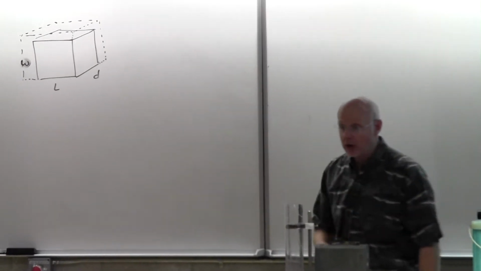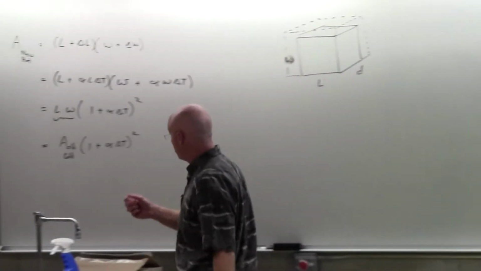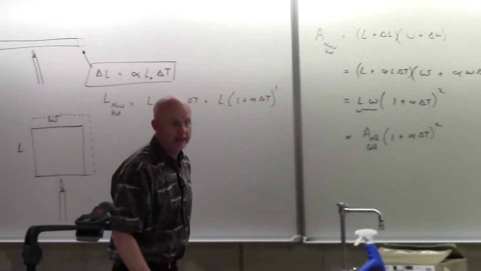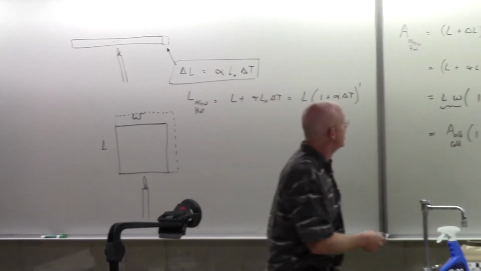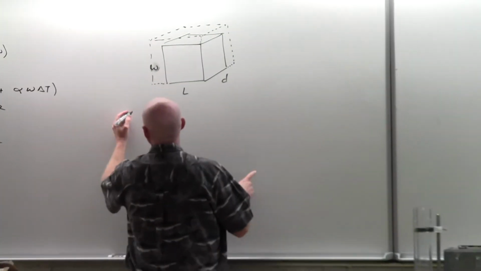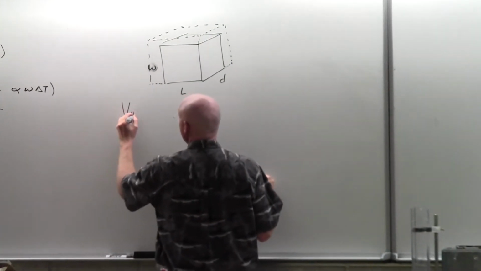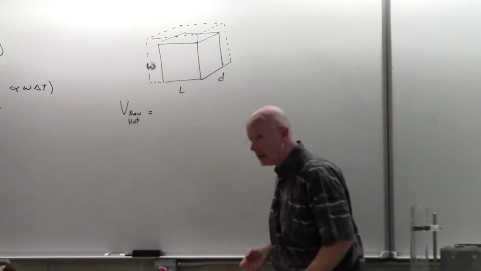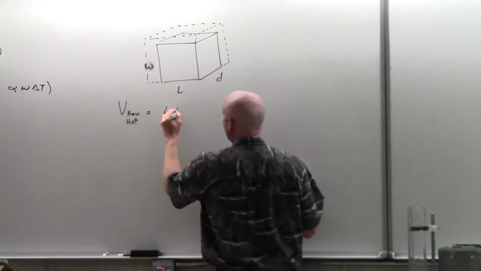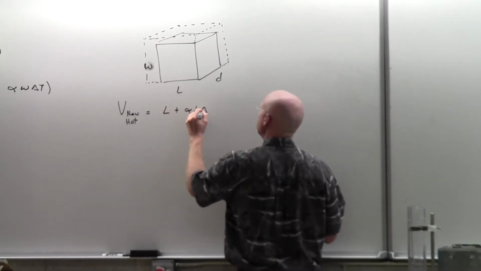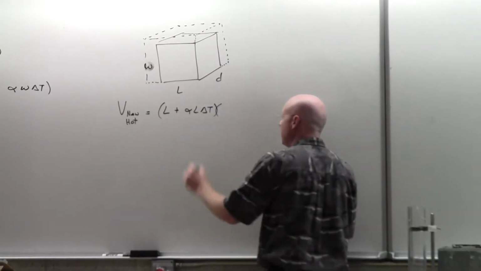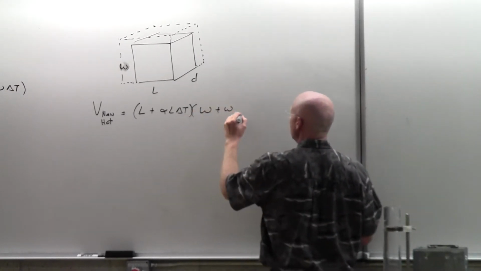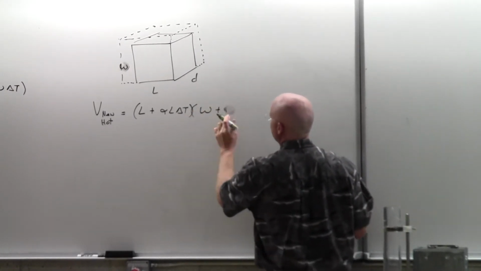And how would I calculate that new volume? In other words, by what factor did it grow? And so I would say volume new, or maybe I should put volume when it's hot, would be L plus alpha L delta T. That's its new length. Its new width is W plus alpha W delta T, I'll put it in the same order.